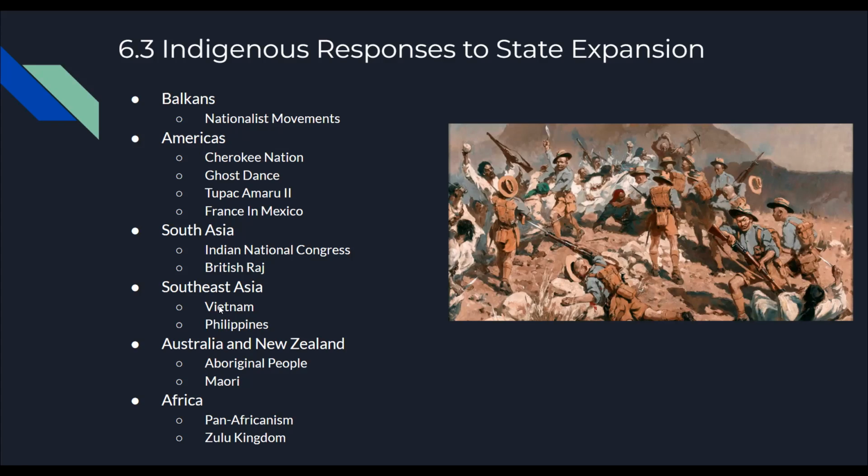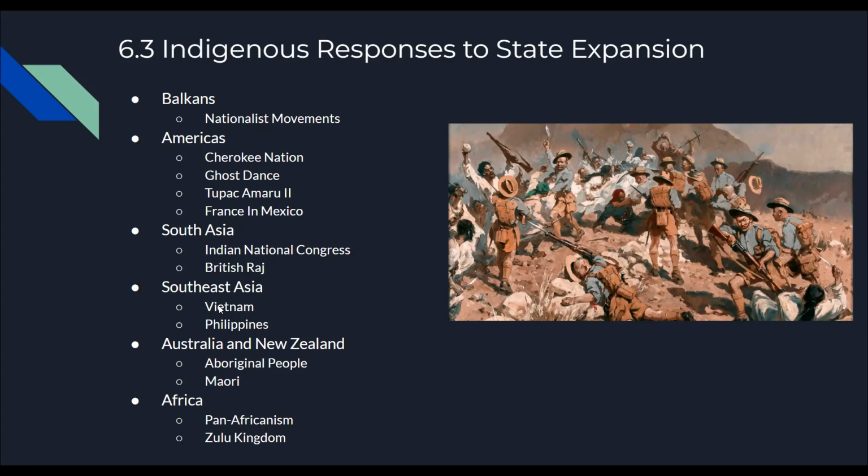And in New Zealand, the Maori were losing their land, even though the British claimed that they would have their land protected. The Aboriginal people were there for 50,000 years. So it is their territory, but then it was taken away over time.